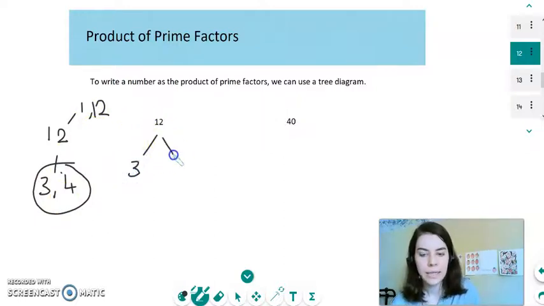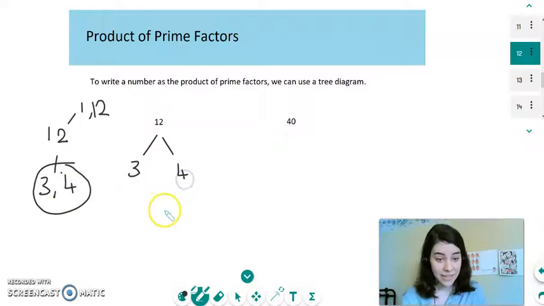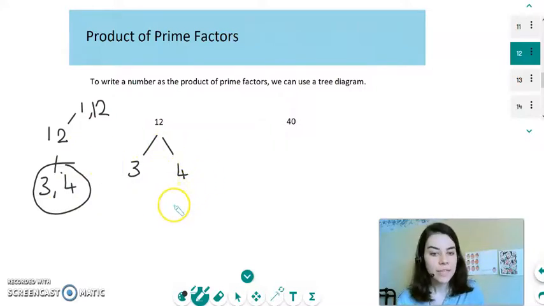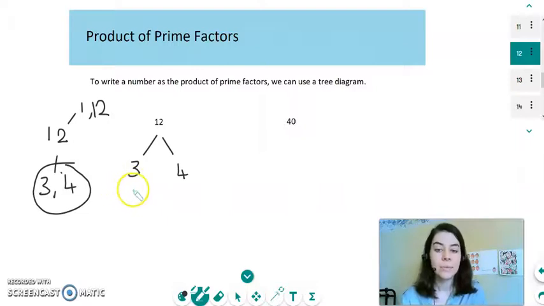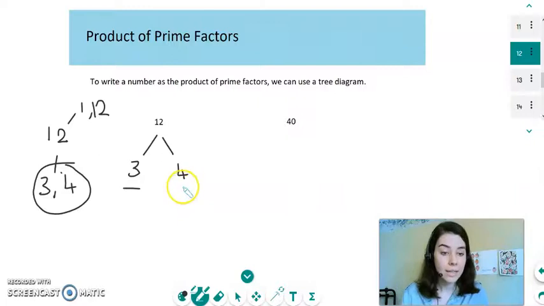We write 3 and 4 as our first level on the tree. Now, we've gotten really lucky here because already we found a prime factor. Here we have a 3. So we can stop with this trunk of the tree and just focus on the other one. So now we have a 4. We want to break this down into a factor pair.